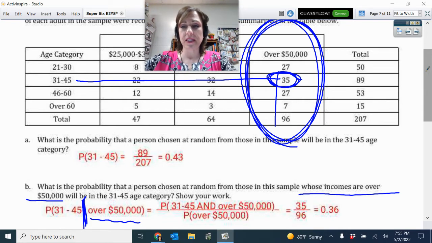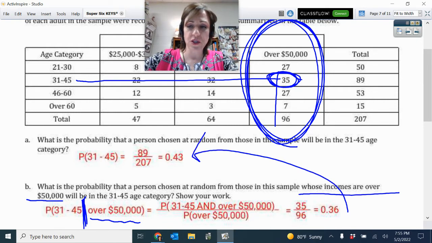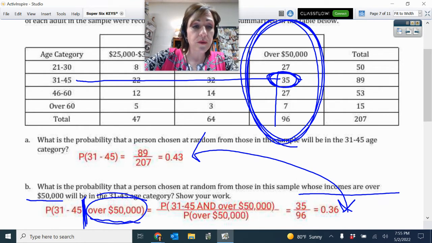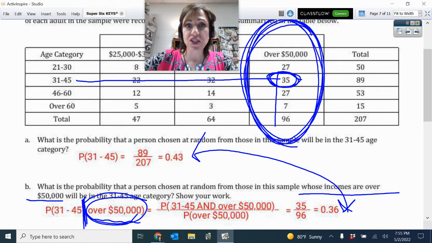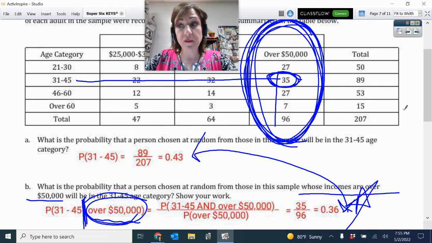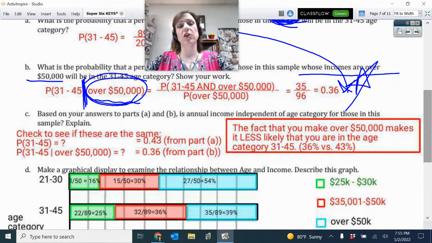So, what do you notice about these two things here? I notice that they are not the same. I notice that, if I know that I am just looking at this over $50,000 category, then it has now made less the probability that you're a 31 to 45-year-old. Okay? So that's where that falls here.